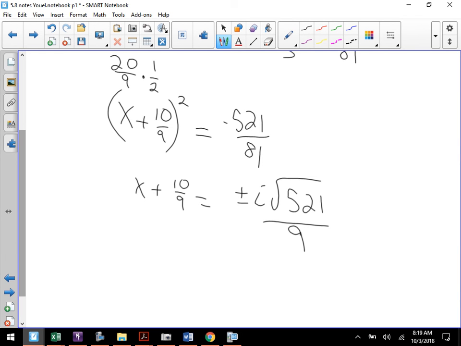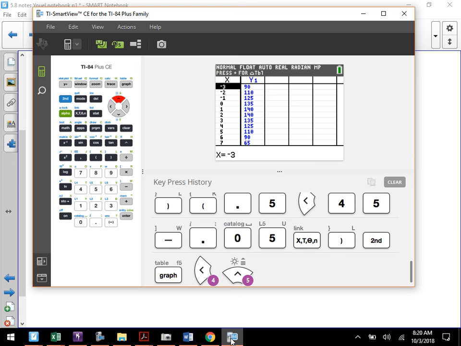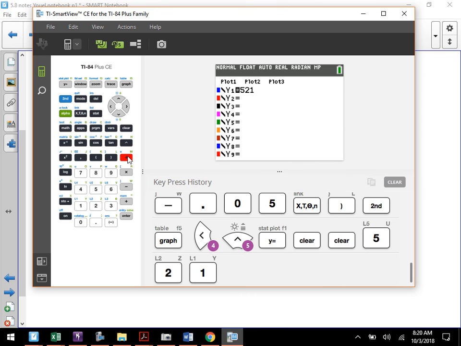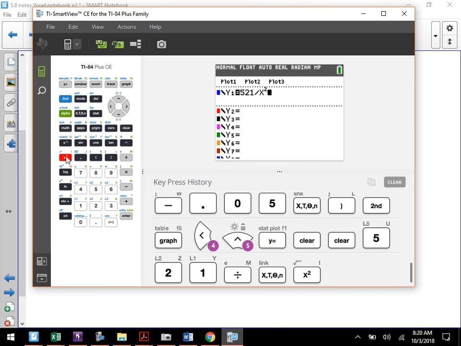Now, here's the deal. That's a god awful ugly looking fraction. I've made it a point to make sure that anytime you have to take a square root, it's something you're going to do. Obviously, if you have the calculator, what I'm doing here with the table, something you might want to remember in case. I'm taking 521 divided by x squared, and by doing that, it's looking to see if any perfect squares go into 521.